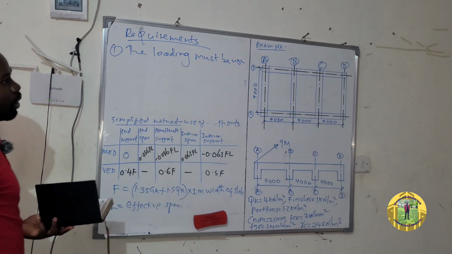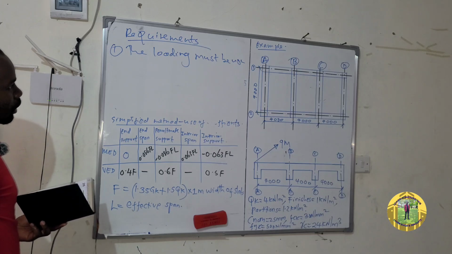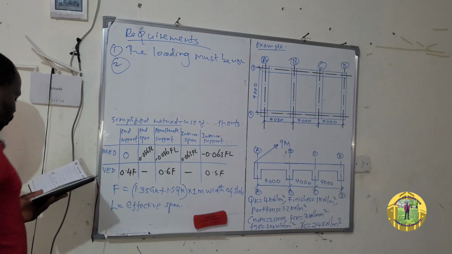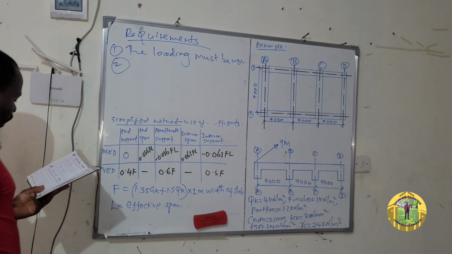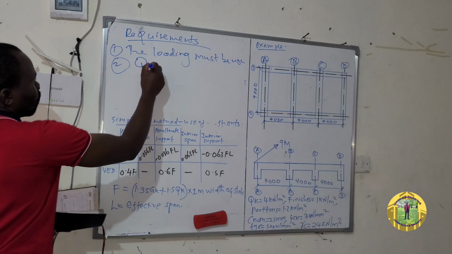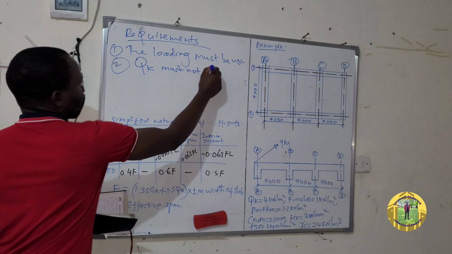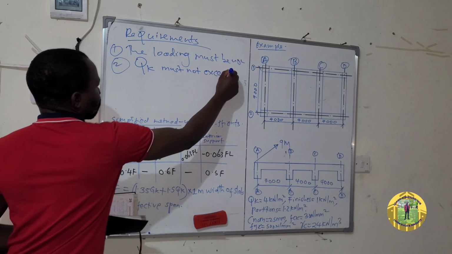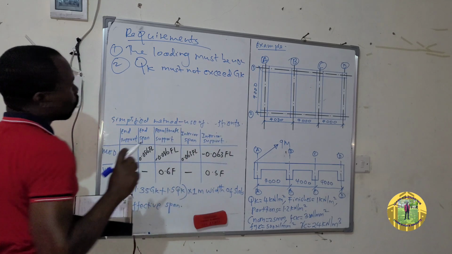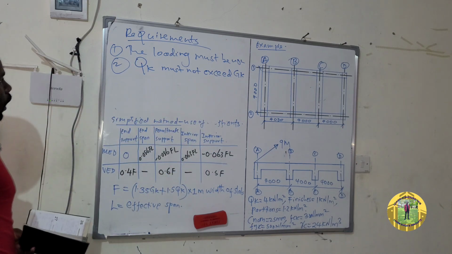So the loading must be uniformly distributed load for you to use such a method. Number 2, we have the Qk must not exceed Gk. In other words, Gk must be greater than Qk.